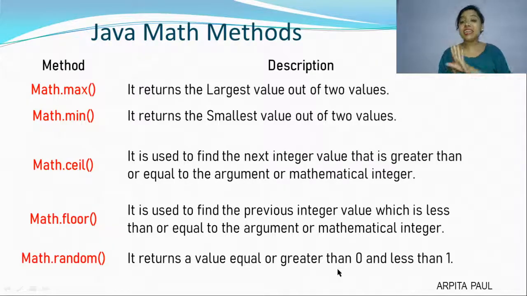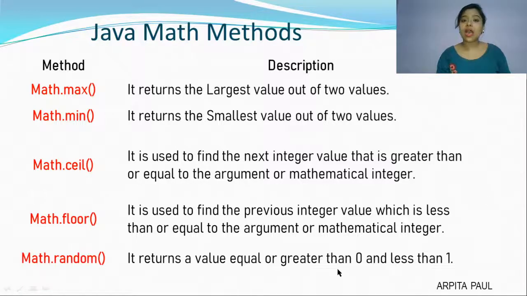It can be any random value. We don't know what value it will display. While I am showing the output, there can be any value. While you are running the same program, the output can be a different one. Okay, because it will show you a random value within this range 0 to 1.